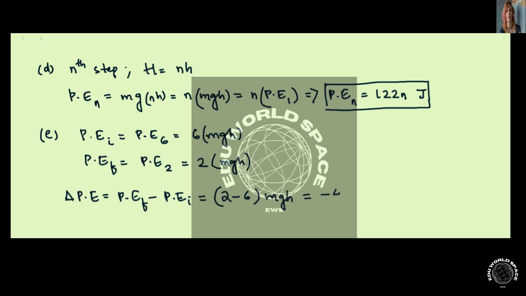So this will be minus 4 times mgh, and this is like minus 4 times potential energy on the first step. And when we do that, PE1 is basically 122 joules, so we get this to be around minus 486 joules.